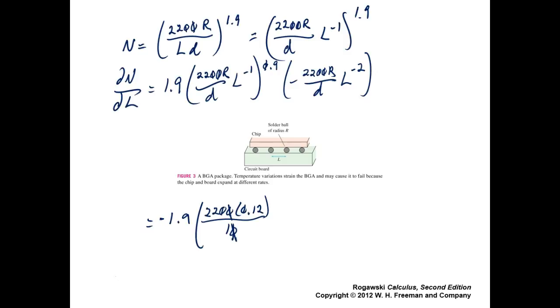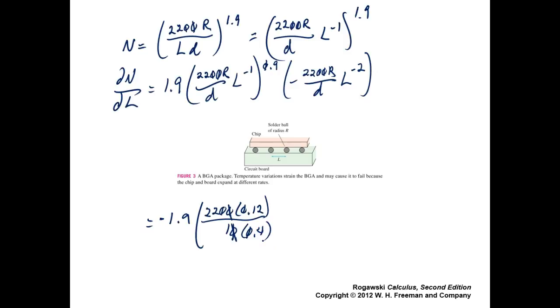And your L is still in there, and the L here is your beginning L, which is 0.4, okay?